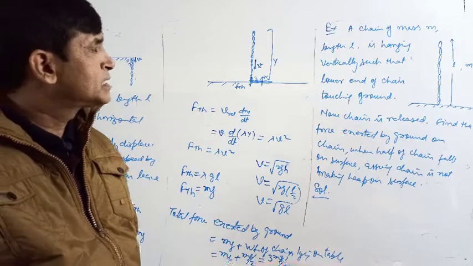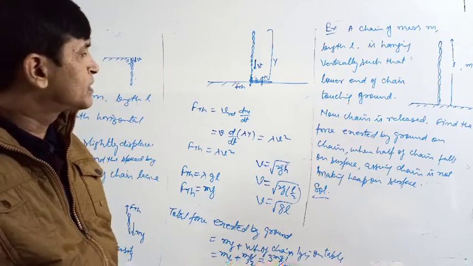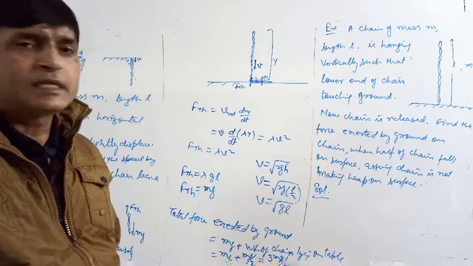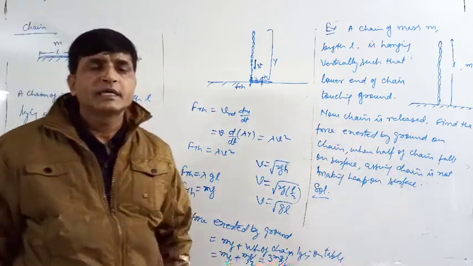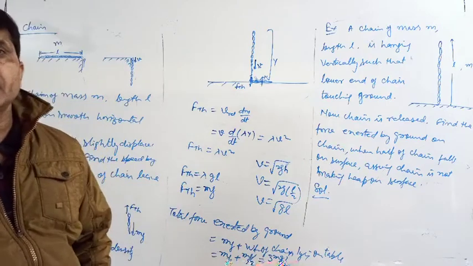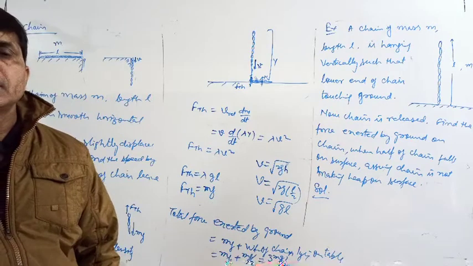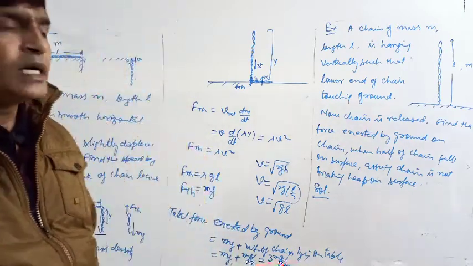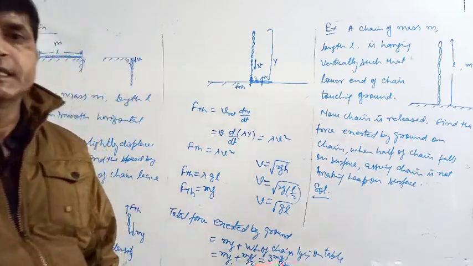First go through these questions based on variable mass, which are based on conservation of momentum as well as rate of change of momentum, where the momentum is changing because the mass is changing. Earlier we did questions based on change in momentum because of velocity changes. Here the change in momentum exerts a force because of the mass changing.